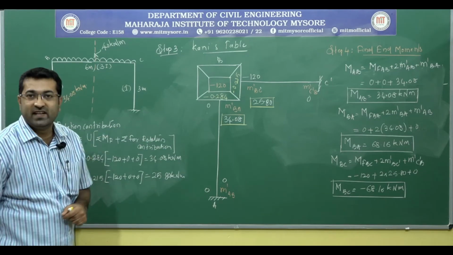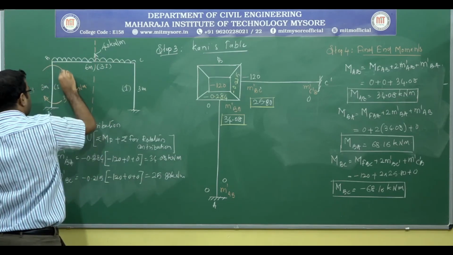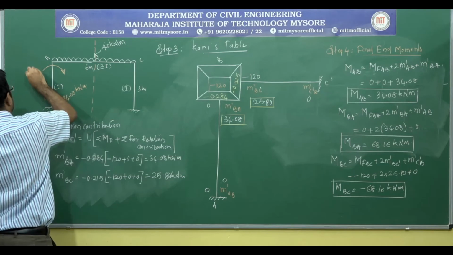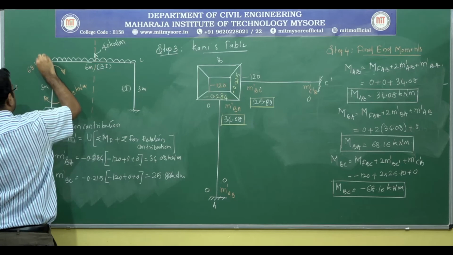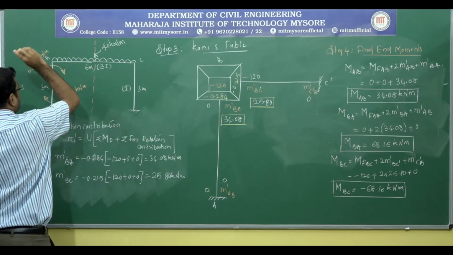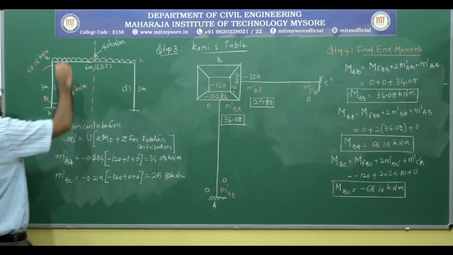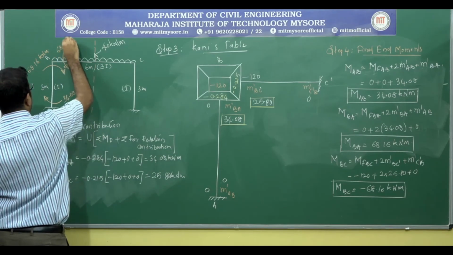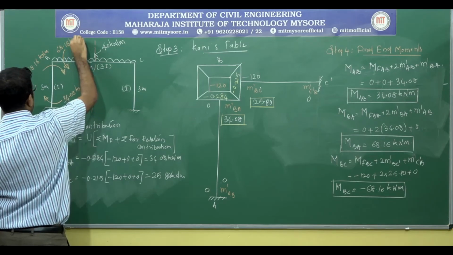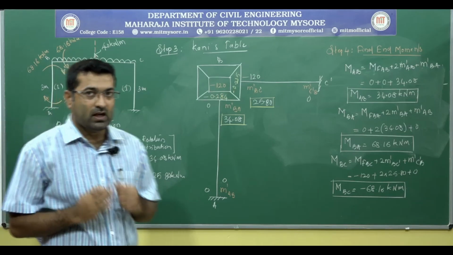MBA is 68.16 kilonewton meter, also a positive value, so the bending moment is clockwise. Now MBC is minus 68.16, minus means anti-clockwise. I have got the final end moments only for the half frame.